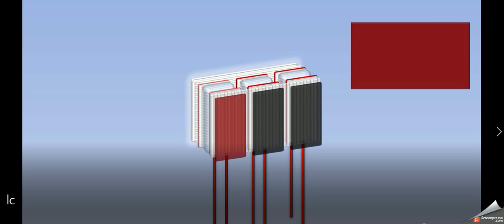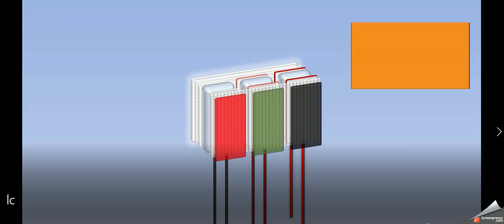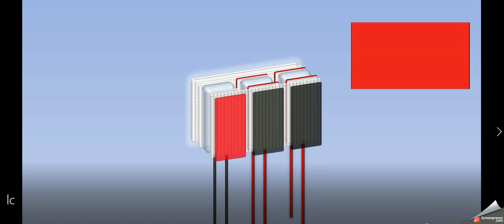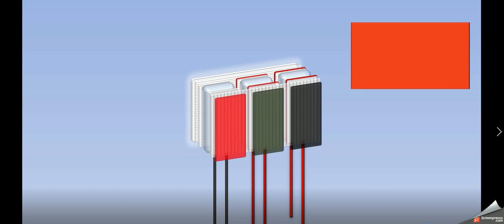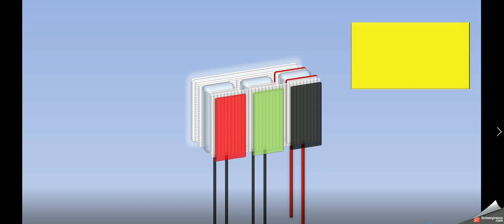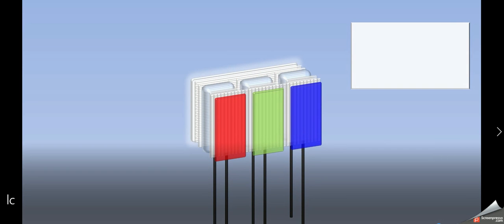Now look what happens when no light goes through the second one and the third one, but light only goes through red. Your screen will be red. Look what happens when a bit of light goes through the second filter. Orange. And it's the electrodes which control that.